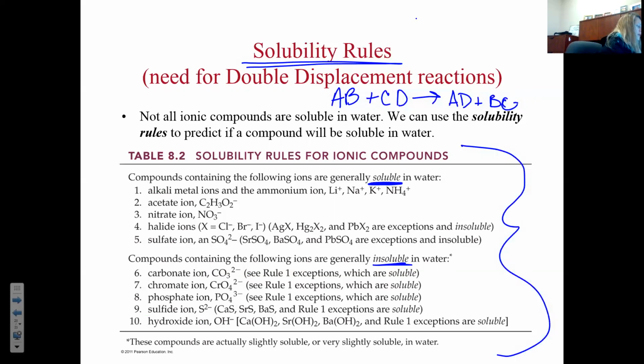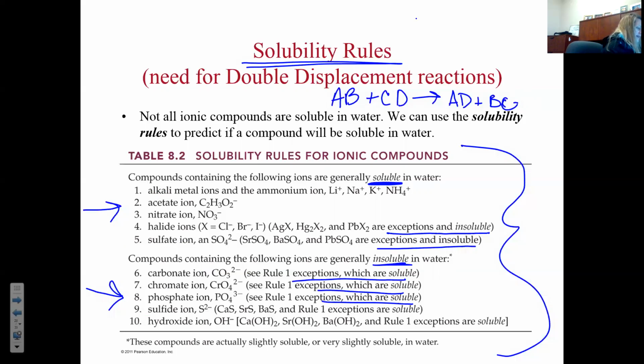Okay, so you'll read that all of these up here are soluble, all of these down here are insoluble, except. Okay, except. And so make sure you read the whole chart, because sometimes it says all of these are soluble except the one that you're looking at.